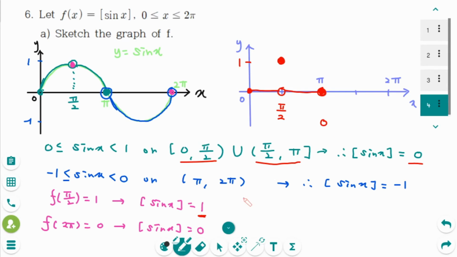And between pi to 2 pi, that one is minus 1. This is minus 1. And the last, when x equals 2 pi, the value is 0. So this graph is f(x) equals greatest integer function sine x.